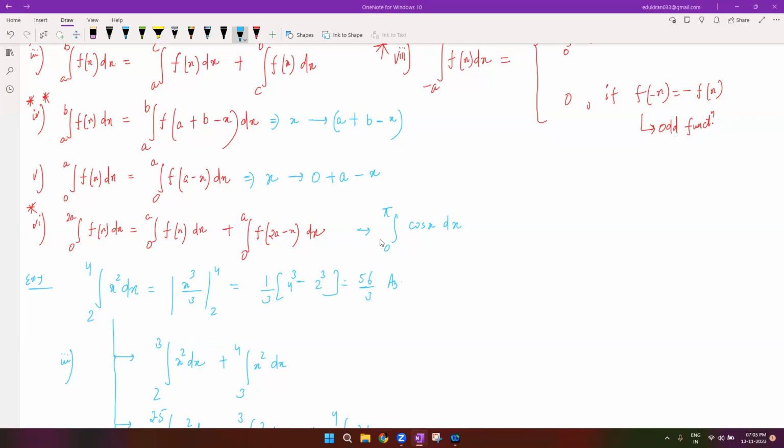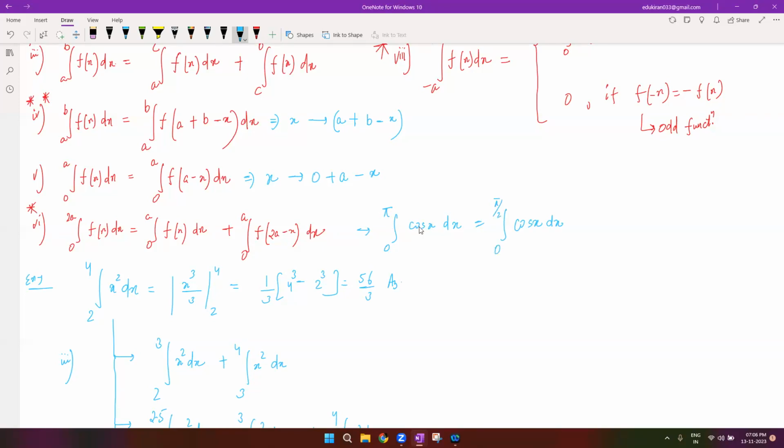So in the sixth property, we are saying that let's say I want to integrate cos x from 0 to pi. Then I can also write this as integrating the same function cos x from 0 to a. Let's take this as 2a. If this is 2a, then a is pi by 2.